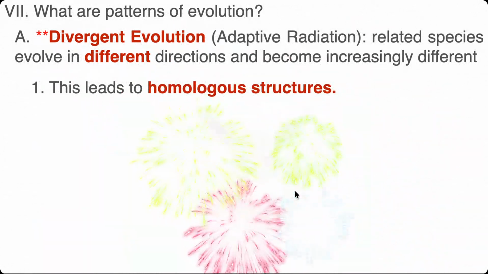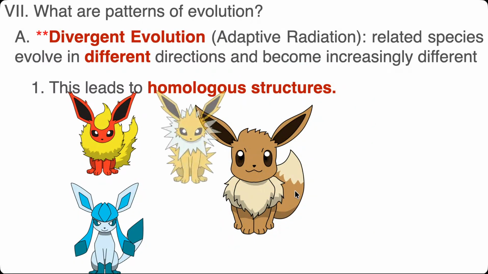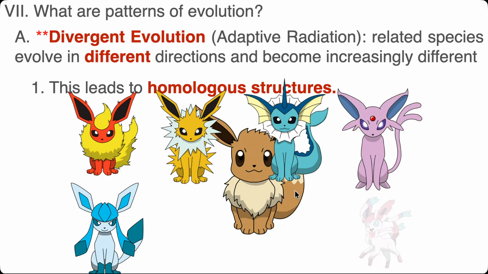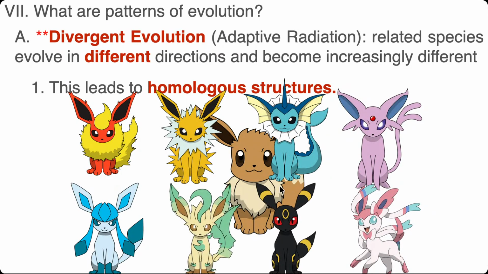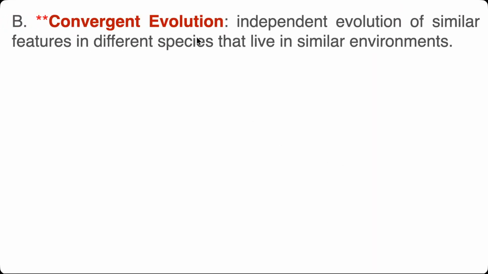A good example of that, because we've been using Pokemon throughout this entire unit, is Eevee and all of the evolutions. This is the perfect example of divergent evolution. You have a common ancestor, and then from that common ancestor, we have all of this diversity where they evolved very differently.